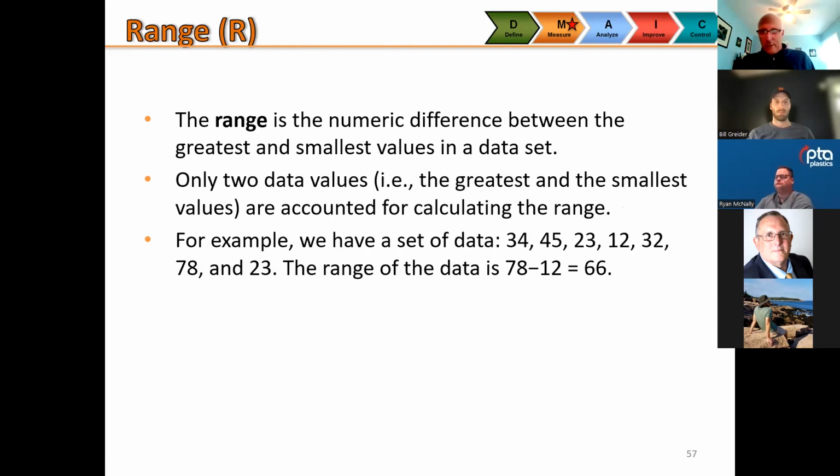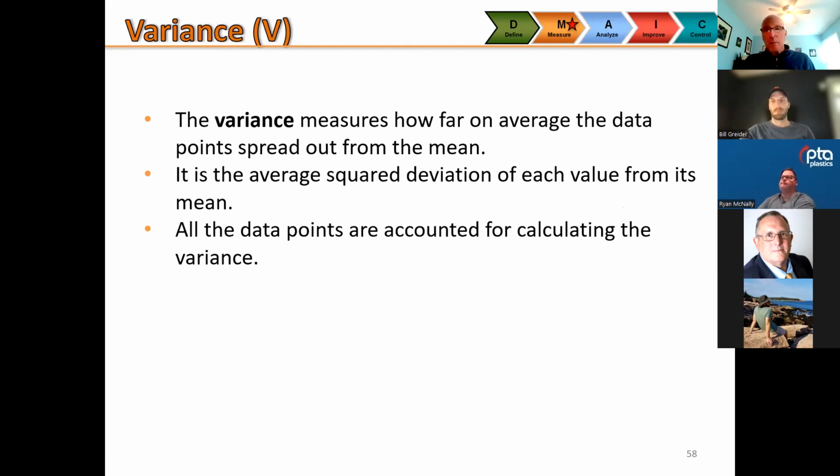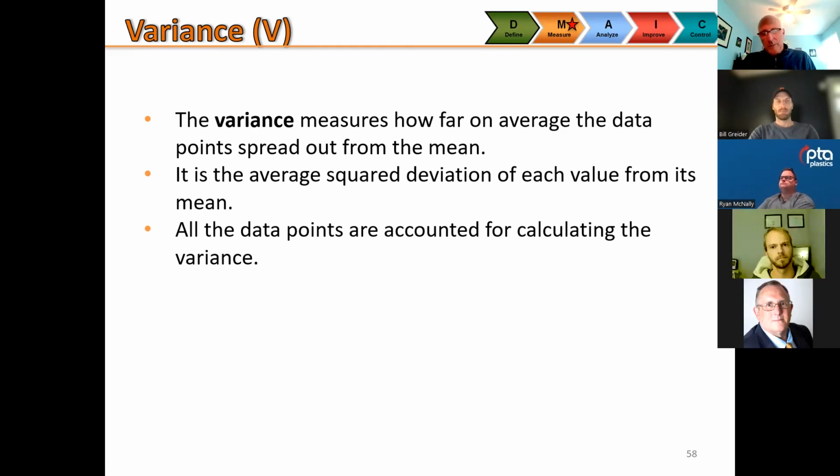We can skip this because we went through it on the math practice. The variance measures how far on average the data is spread out from the mean. And again, the game in Six Sigma is to constantly eliminate variation, right? It's the average squared deviation of each value from the mean, which we can interpret as two mouse clicks.